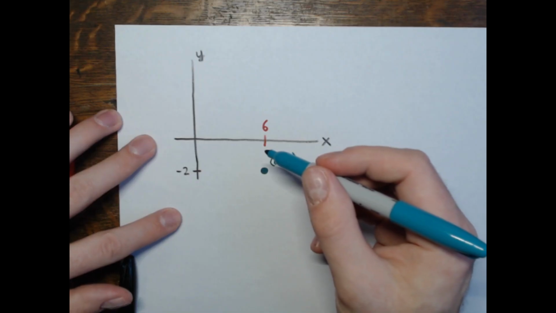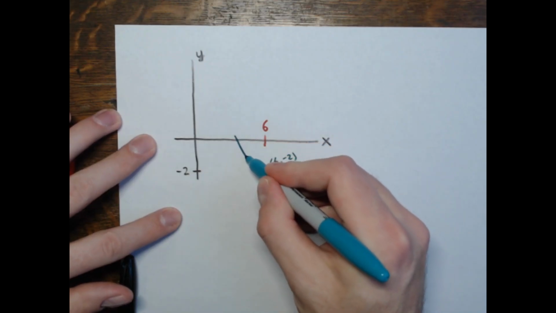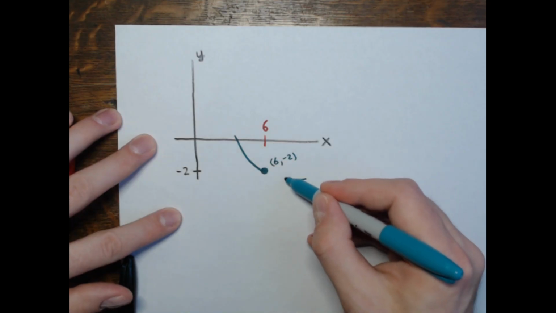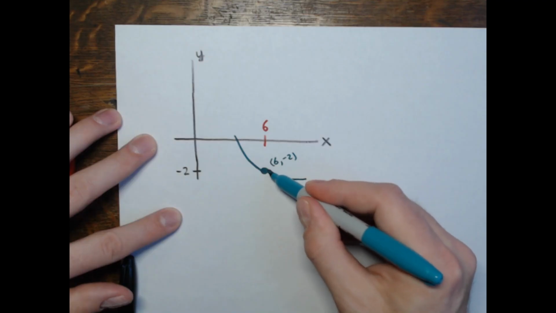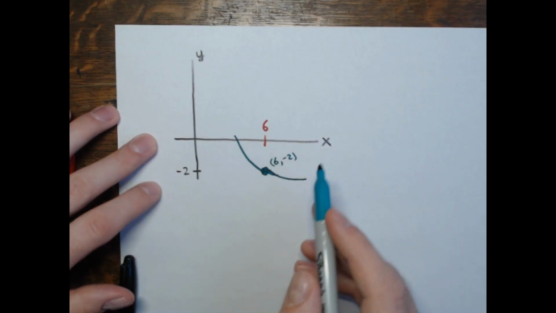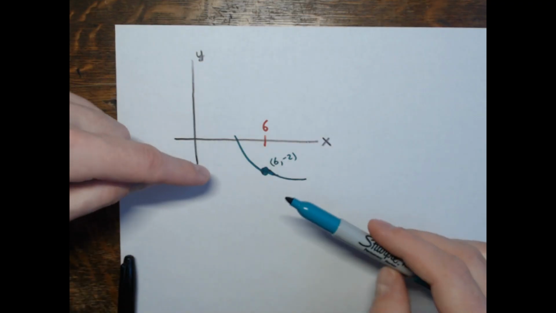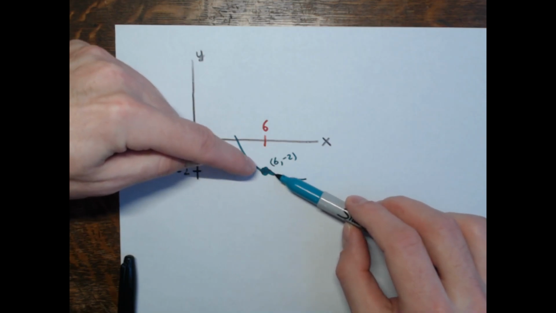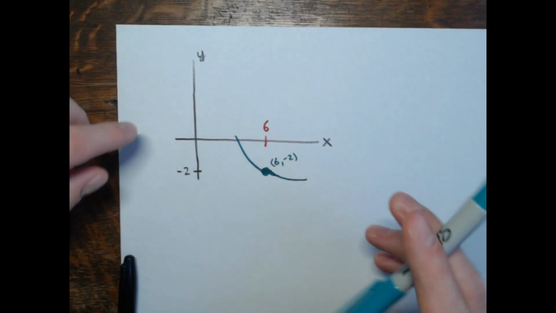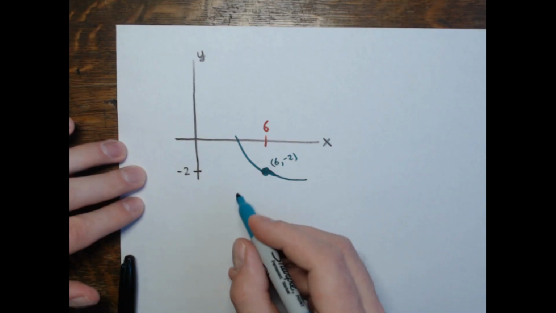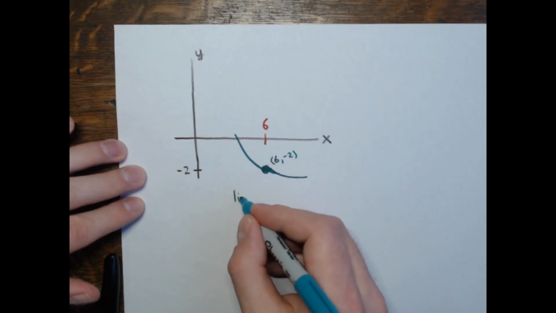And it looks like the graph is doing this. It's coming in toward that point from the left of 6, and also coming in toward that point from the right of 6. Right? This was just part of it. Because the graph is approaching the same location from both sides, the y value of that location they're approaching will be called the limit.